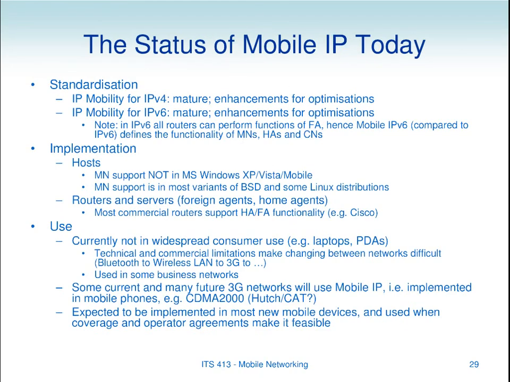What's the current status? The technology has been around for many years, so the protocols have been standardized for both IP version 4 and IPv6. In terms of implementation of those protocols, you can see how old this slide is, but it refers to Windows XP and Vista, but most consumer operating systems do not natively support mobile IP.